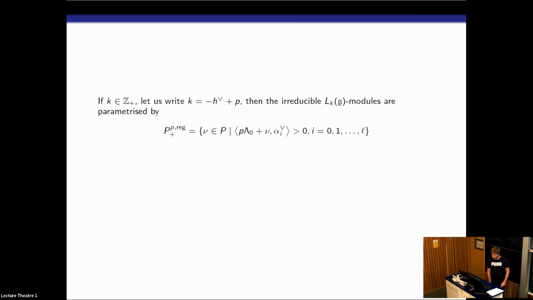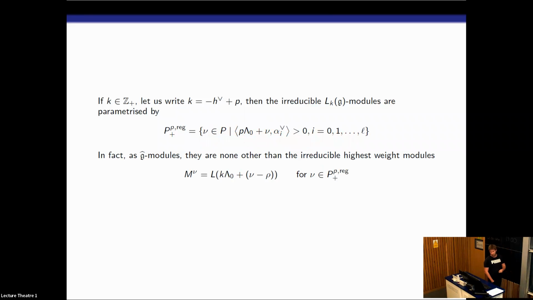Then we have this parametrization for the irreducible L_k of G modules, given by the regular weights in some affine Weyl chamber. Explicitly, we take nu in the weight lattice P such that the corresponding affine weight of level p has strictly positive pairing with each of the simple coroots.